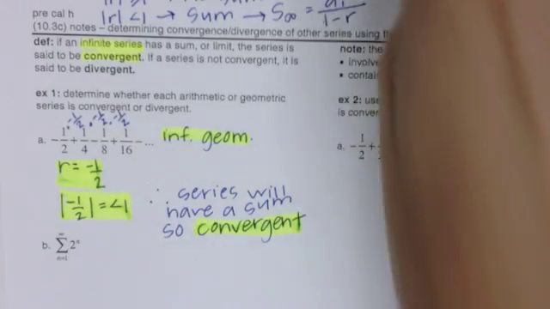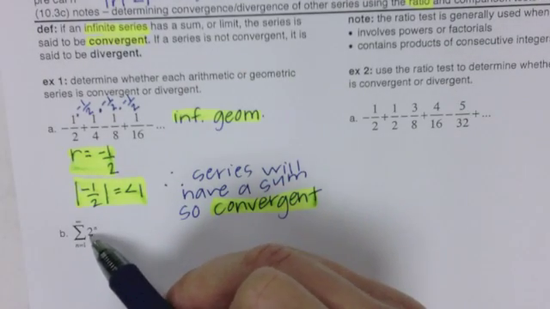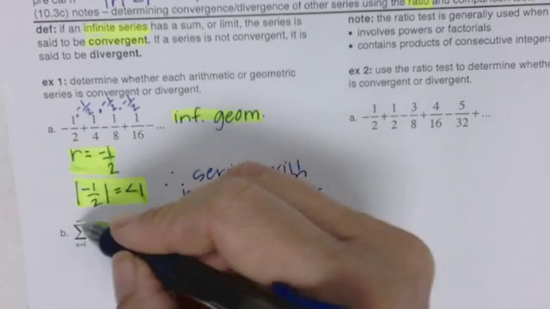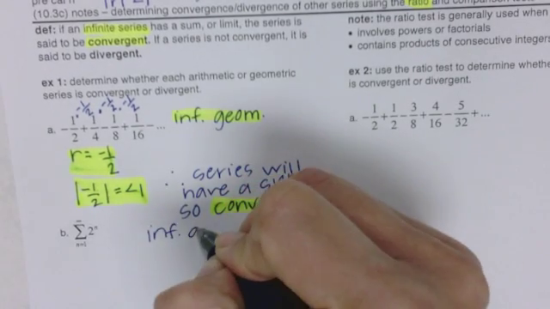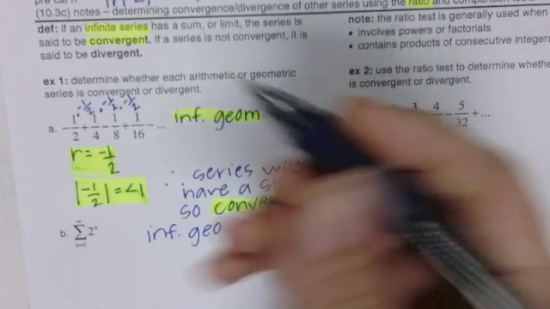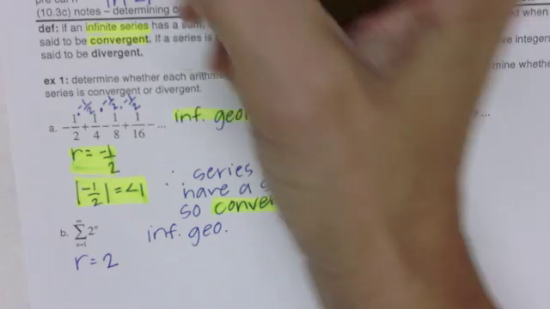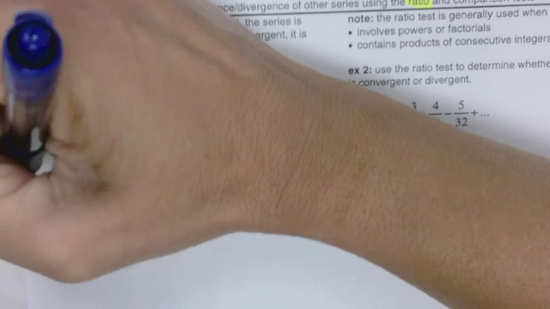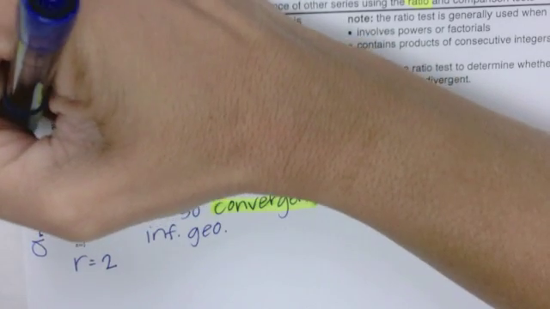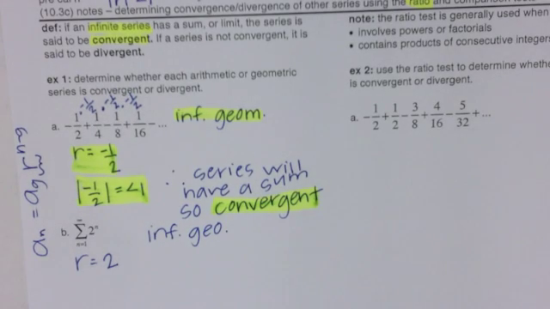Okay? Let's take a look at this one right here. 2 to the n, because there's an exponential here. This is geometric, and because it's going to infinity, this is infinite geometric. What is r? r is going to be equal to 2, because it's always the base. Remember, our formula is a sub n equals a sub 1 r to the n minus 1, so whatever has the exponent is your common ratio.